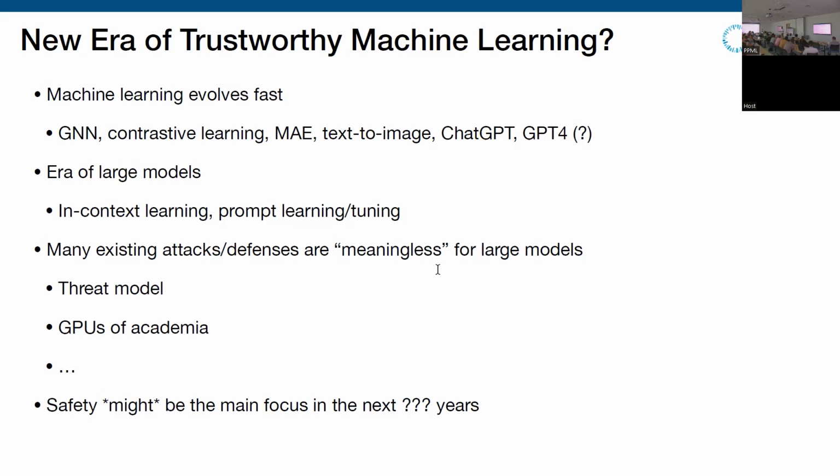For ChatGPT, I think all our institutes' GPUs combined could not even fine-tune it, let alone train it from scratch. Only a few places in the world, mostly companies, are able to train such large models from scratch. So there are new ways of using these large models, like in-context learning, prompt learning, or prompt engineering. If you haven't heard about these notions, this is probably the only useful line in this slide. You can learn this a bit.